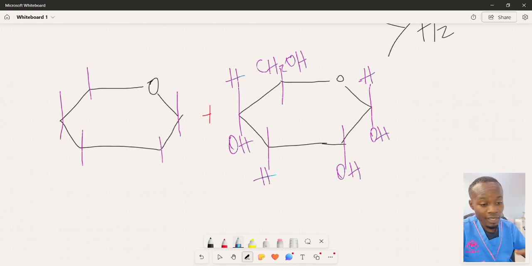The difference between galactose and glucose is at carbon number 4. For glucose we have OH down here, but for galactose we are going to have OH up. So for galactose, just draw that one first so that you don't forget. It's a beta galactose, so OH is going to be up here and H is going to be down. Carbon number 2 is the same as glucose, so it's going to be OH.